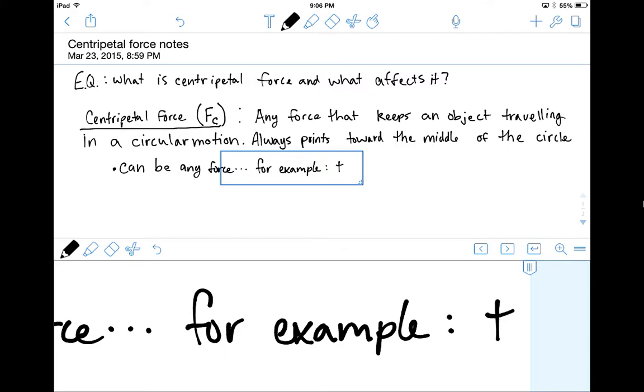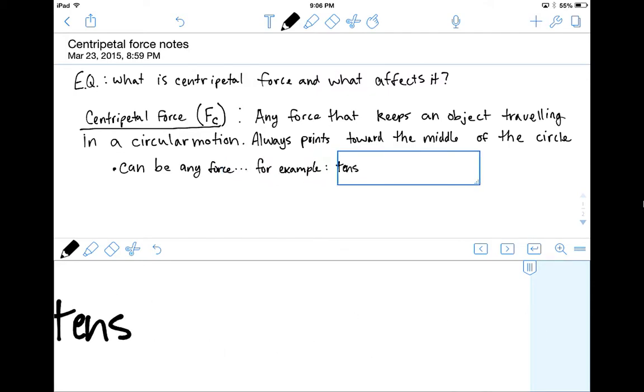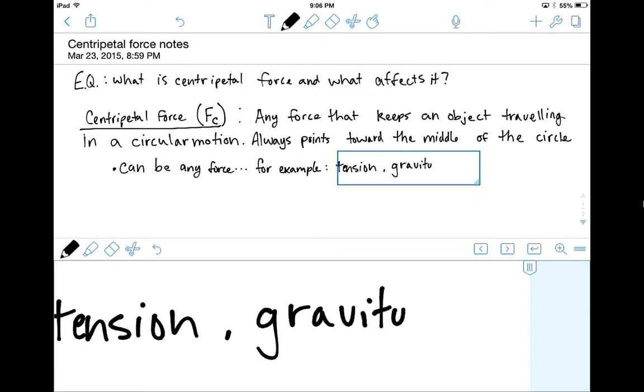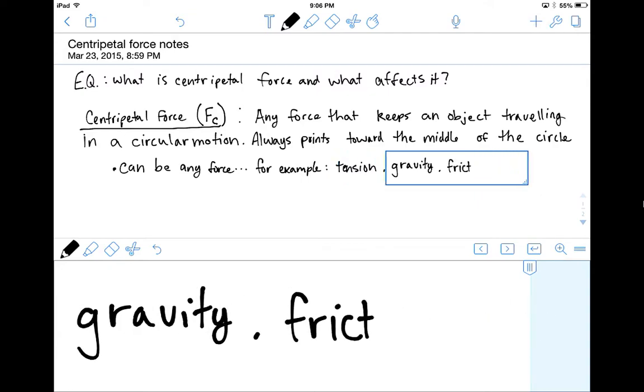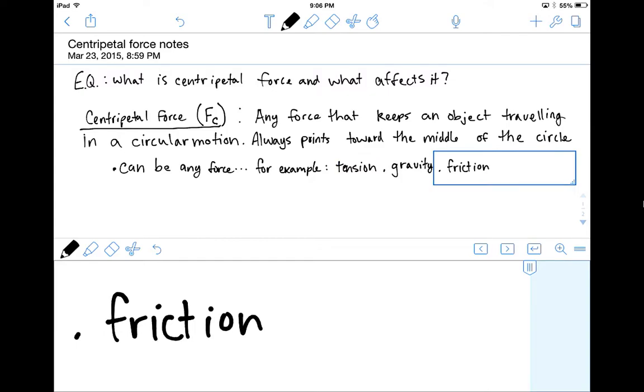it could be tension. Now, we've seen tension a bunch of times with our car tied to a string. Tension was a centripetal force. It could be gravity, okay? So when planets are orbiting, gravity is a centripetal force. It could be friction. Okay, so we talked about this a bunch when we're driving a car.